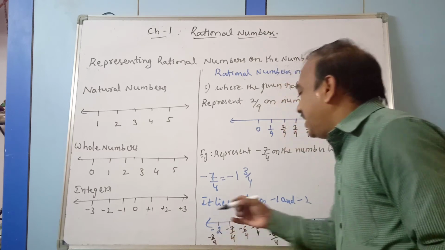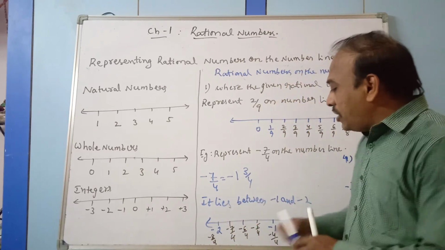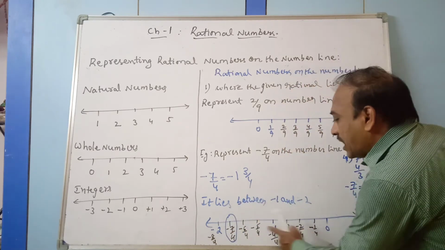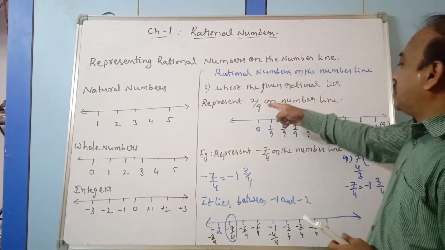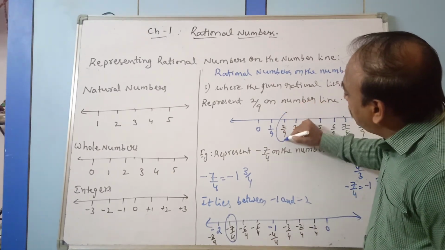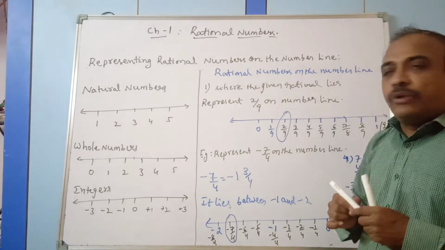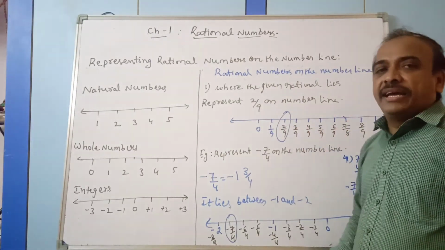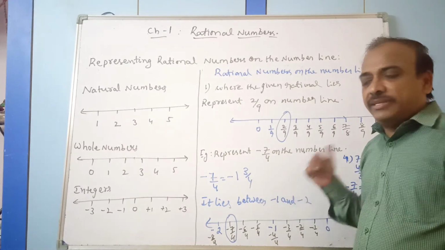So minus 7 by 4 lies between minus 1 and minus 2, whereas 2 by 9 lies over here. This is how we represent rational numbers on the number line. Is it clear, children? Yes.